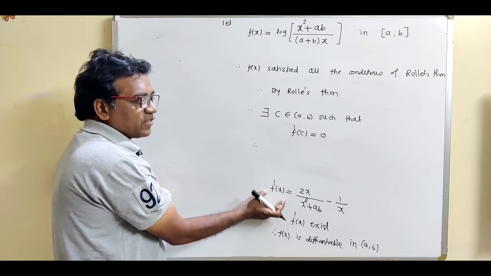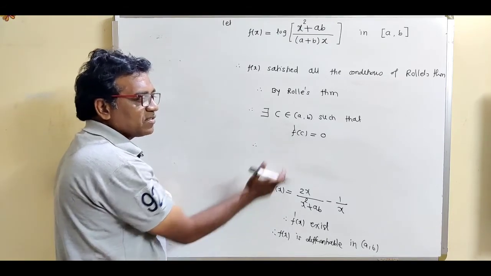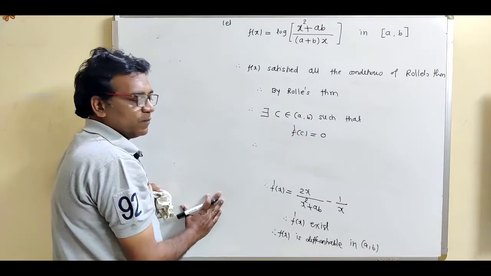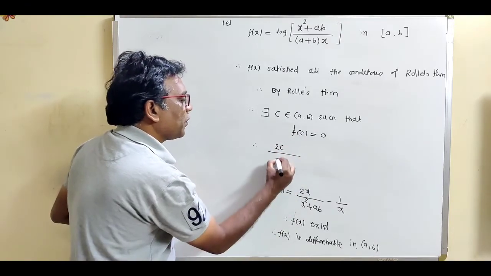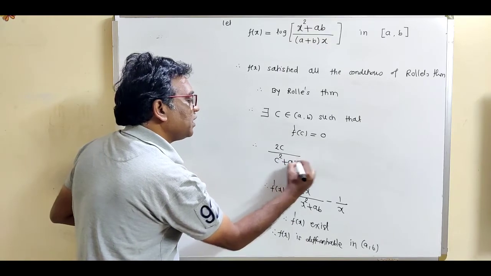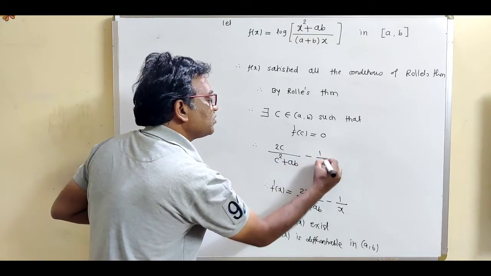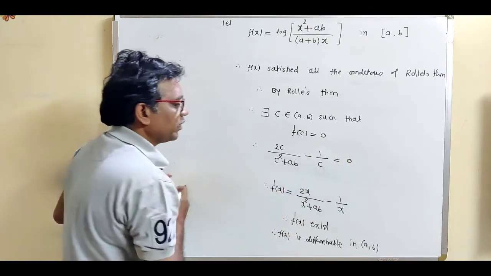We have found f'(x), so from f'(x), write f'(c) by putting x equal to c. So we get 2c upon (c square plus ab) minus 1 upon c, and this is equal to 0.